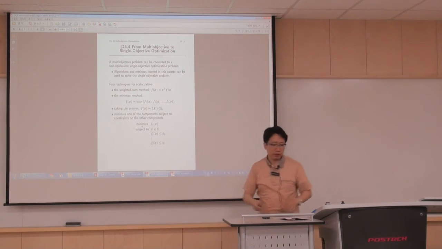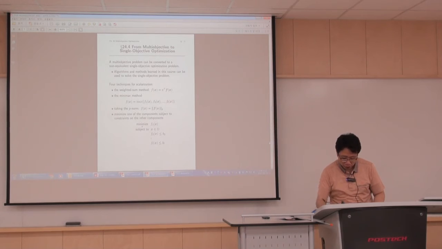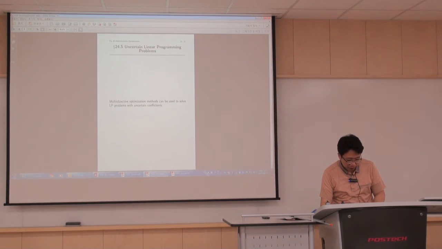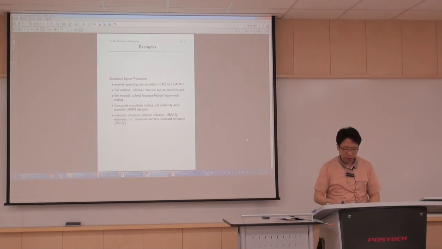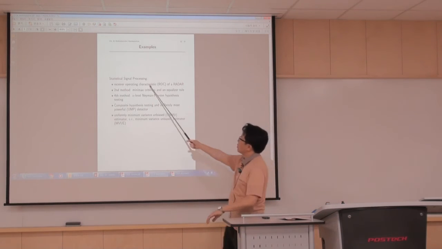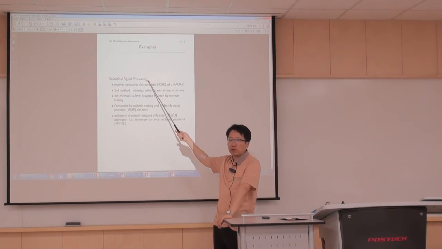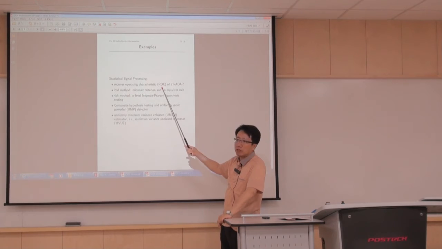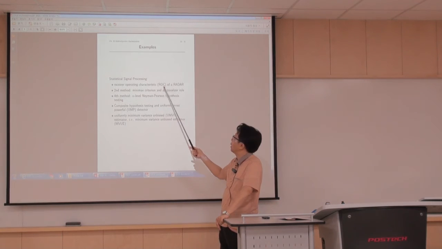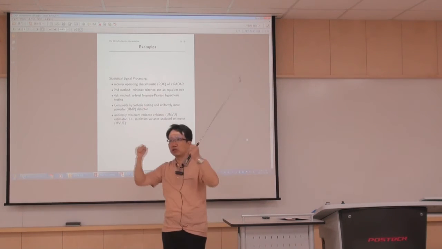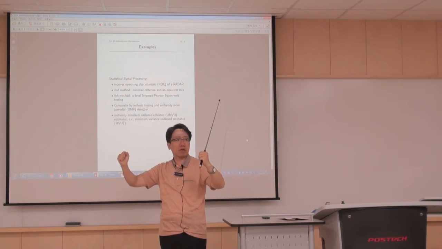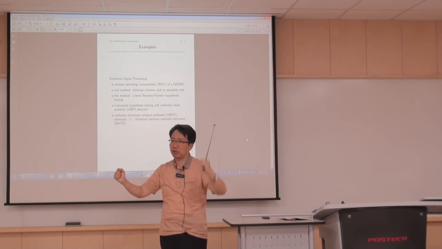Also, this one too. Okay, very interesting. Anyway, so I listed here some problems like this. In statistical signal processing course 645, you see receiver operating characteristic of radar system. Then you have two competing probabilities of error, probability of miss and probability of false alarm.